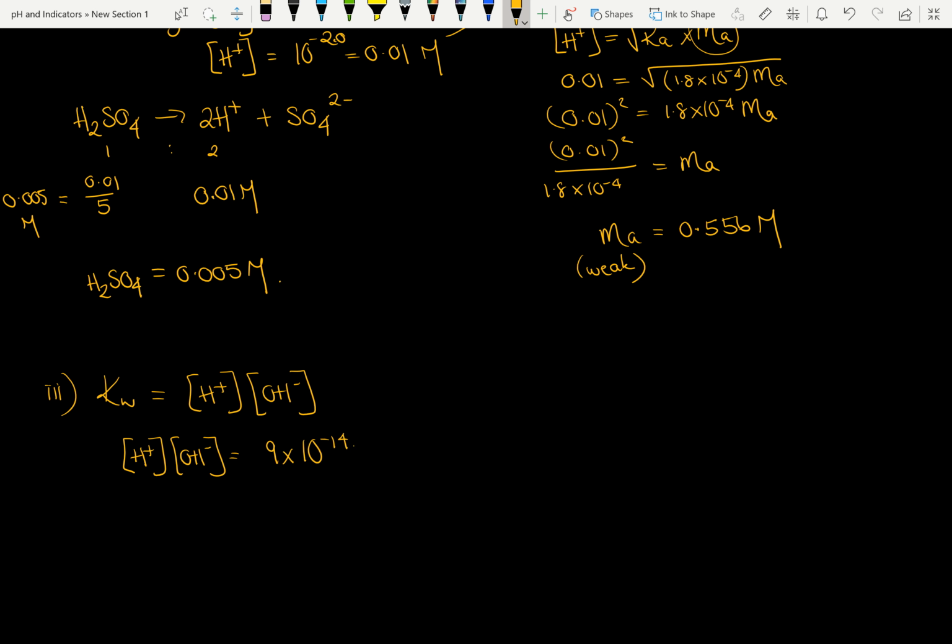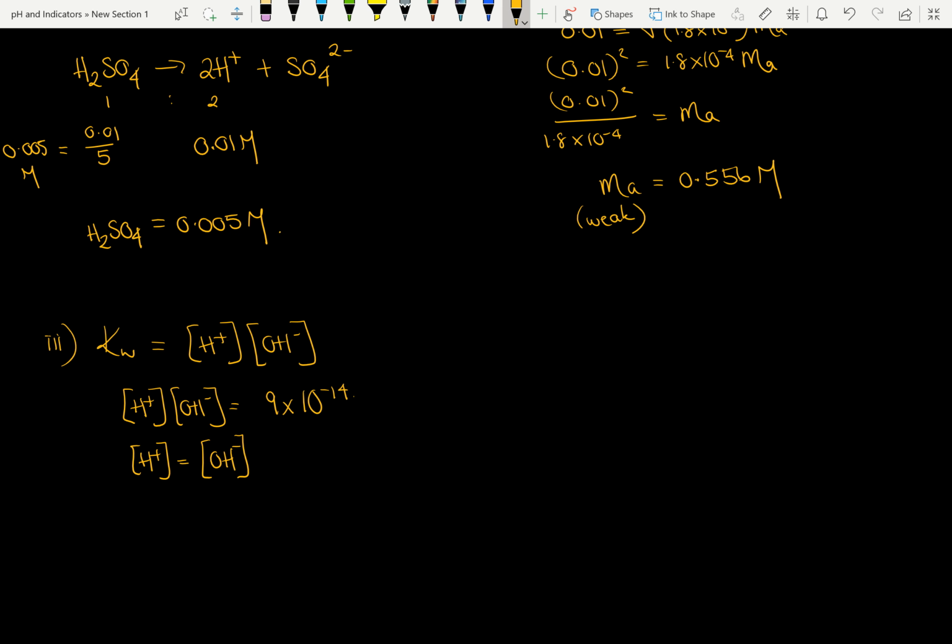Now we know when water ionizes, the hydrogen ion concentration is equal to the hydroxide ion concentration. So if we sub the H plus in for the hydroxide, basically what we're doing is squaring the hydrogen ion concentration.